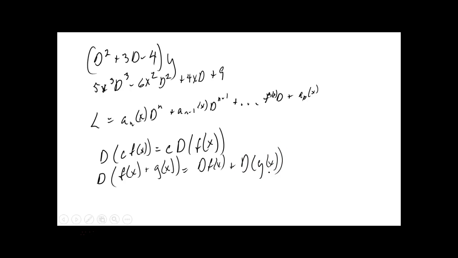If you haven't noticed yet, just about any time we define something, we'll also give it these properties. These are called linear properties, because the derivative of the sum is the sum of the derivatives. We've said that many times before. Derivative of a constant times a function is the constant times the derivative of the function.